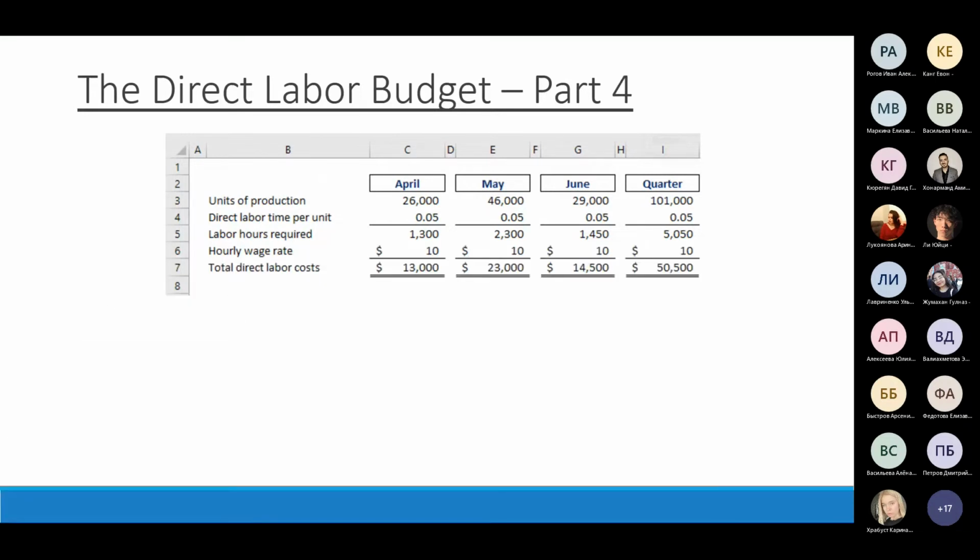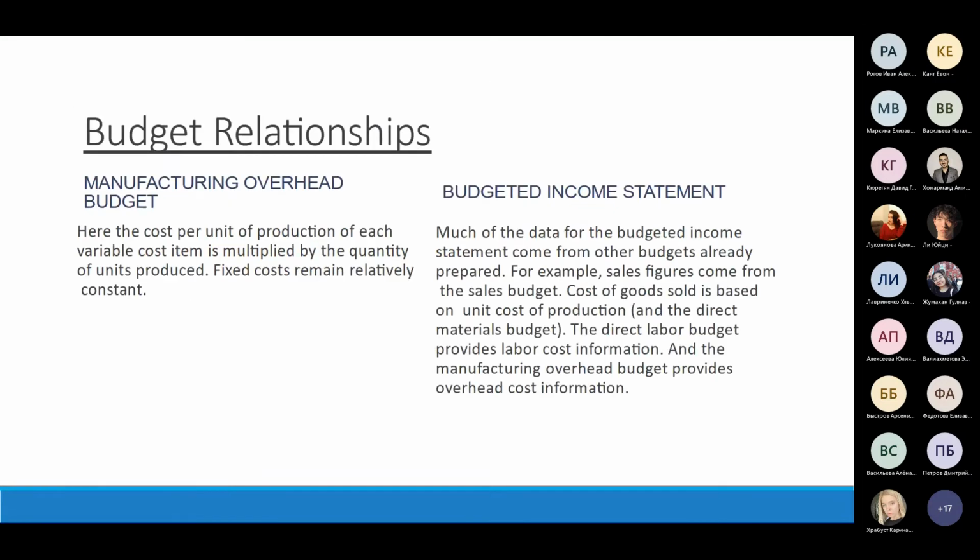Then we use the hourly wage rate to calculate total direct labor cost for the period. And then we can move to the manufacturing overhead budget and budgeted income statements and balance sheets.